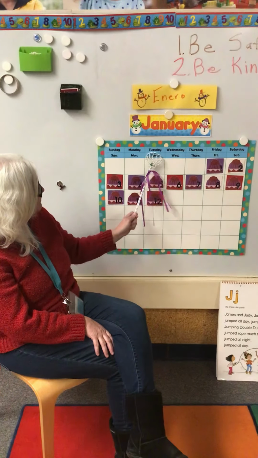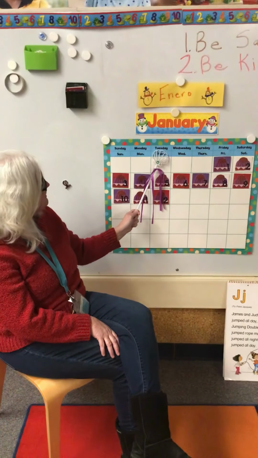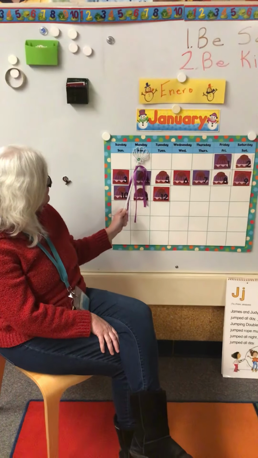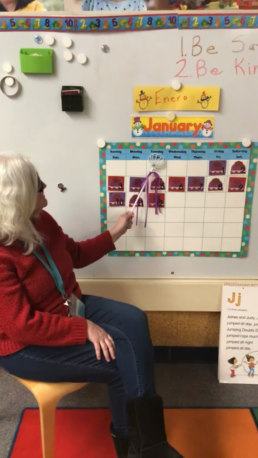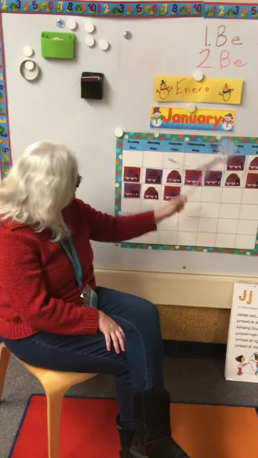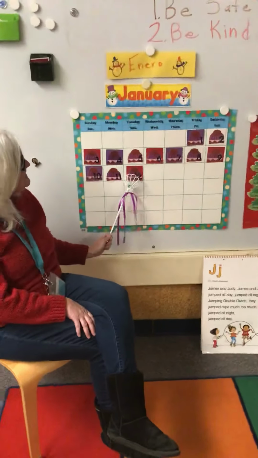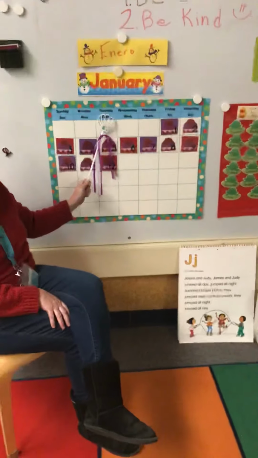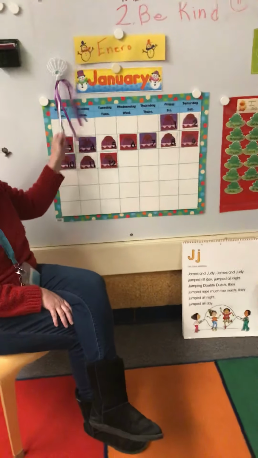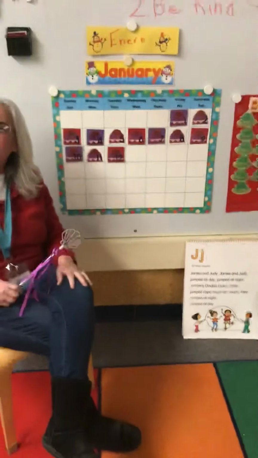Bring up our mermaid wand and look at that. Today is Tuesday. Yesterday was Monday. Today is Tuesday. Tomorrow will be Wednesday. Putting the whole calendar concept together, we can say today is Tuesday, January the 12th, 2021.